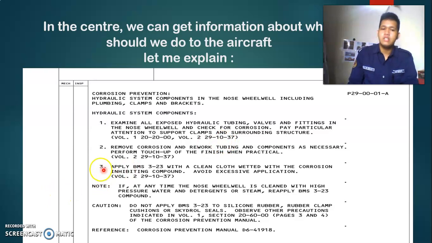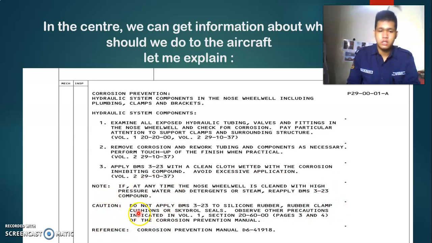After that, we can see the note and caution. So we need to be serious doing this work. In the note, if at any time the nose wheel well is cleaned with high pressure water and detergent or steam, reapply BMS 3-23 compound.